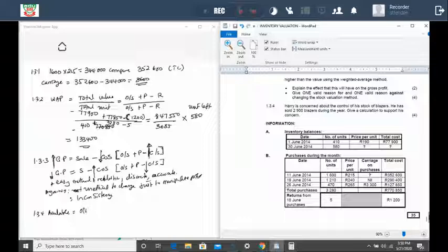Opening stock plus purchase minus return. Opening stock was 410 plus purchase 3280 minus return. Okay, that gives me what is available.